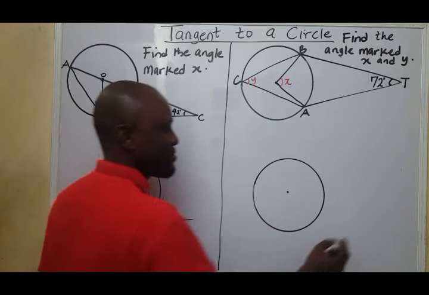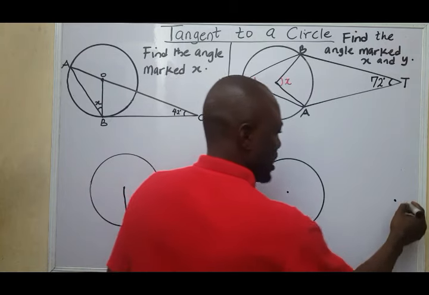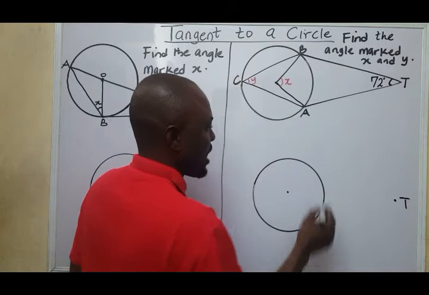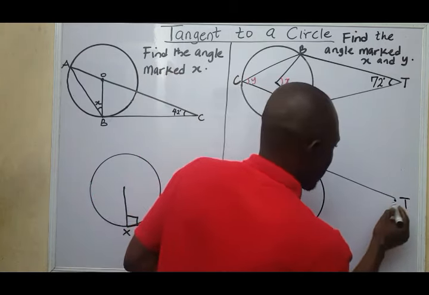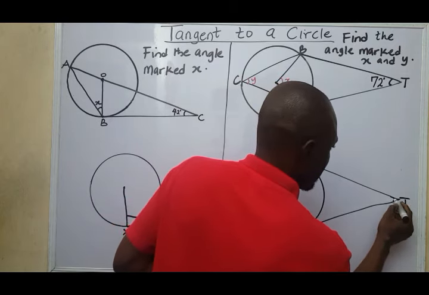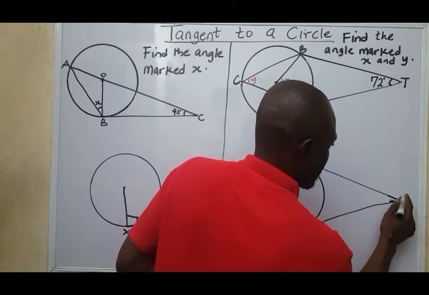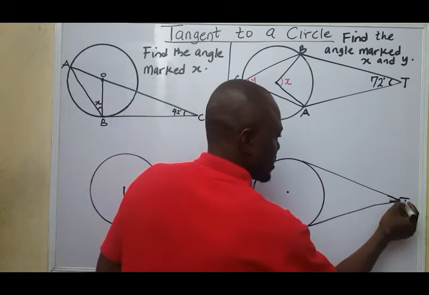Now if I have a point outside the circle, let me call that point T, and then I have two tangents that touch the circle from the point outside.